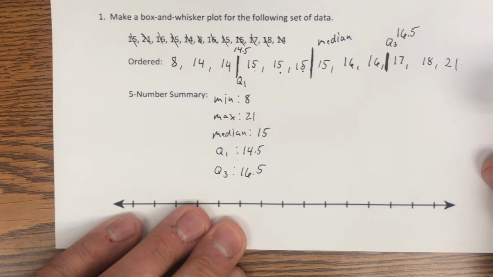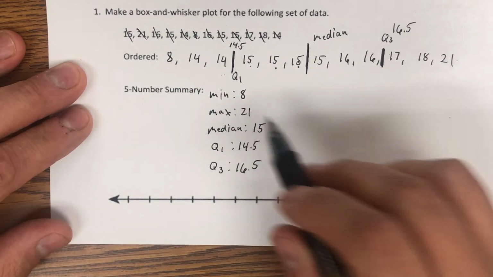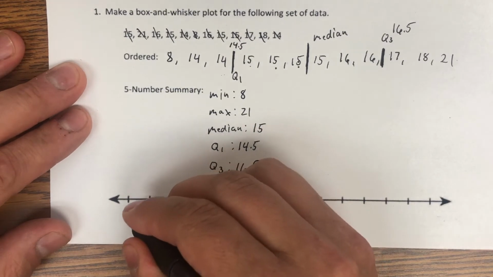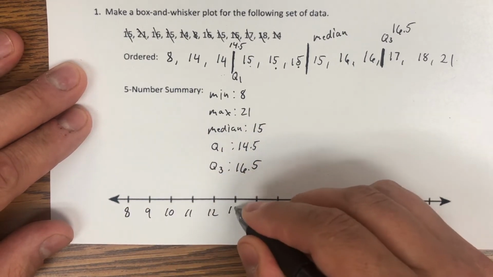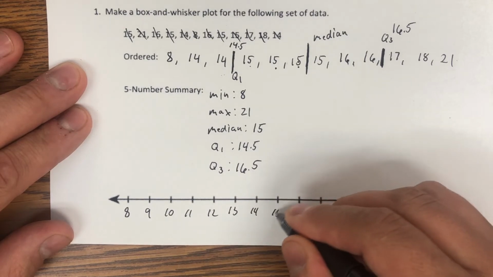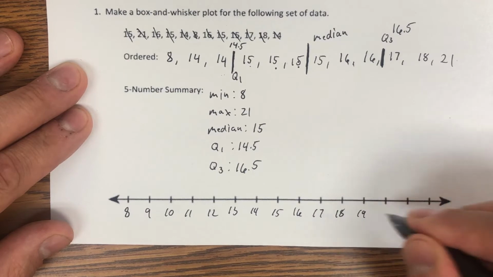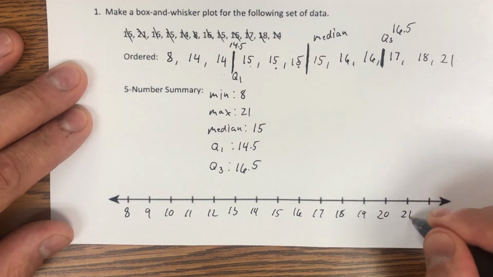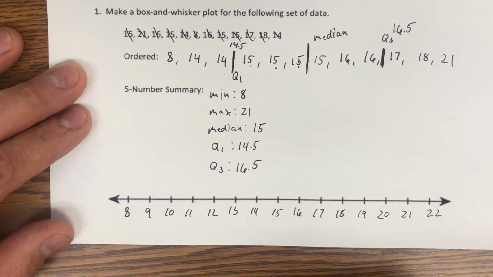In order to plot these on the number line, we got to figure out what we got to start at. Our lowest number is 8, highest is 21. So I'm going to start at 8, 9, 10, 11, 12, 13, 14. All right, so using points.